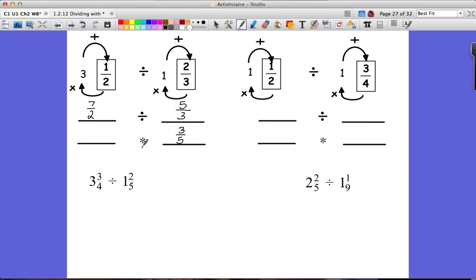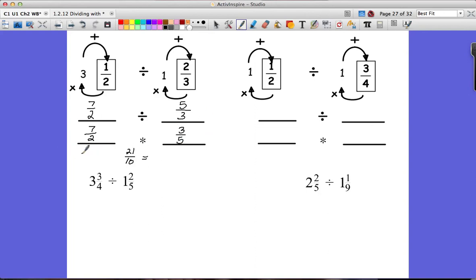I cannot change this if I do not change this. And then I cannot change how much I start with. So in this case, I cannot simplify. 2 and 3 are only divisible by 1. 7 and 5 only have a common factor of 1. So in this case, I would get an answer of 21/10, which I know is an improper fraction, so I have to divide.